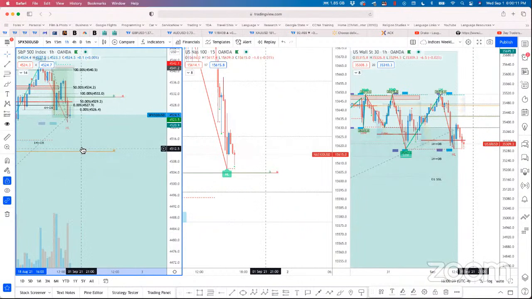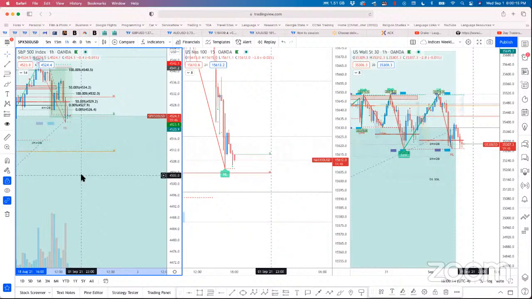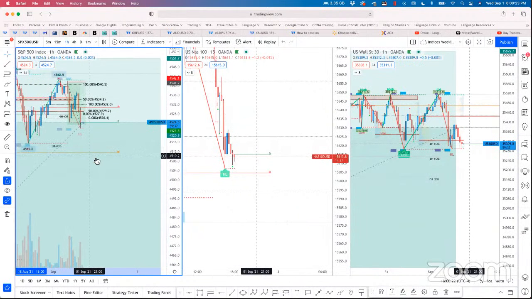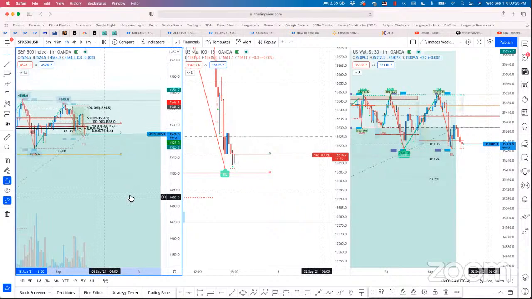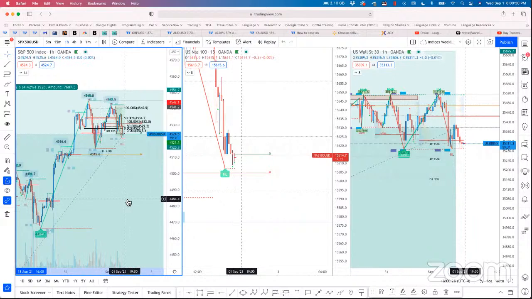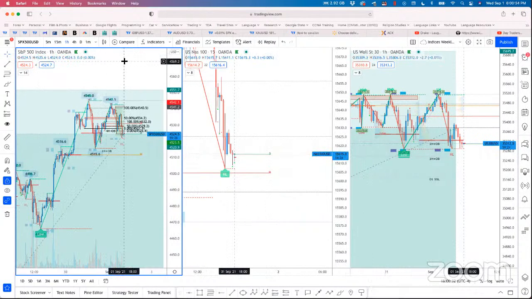So we may come down, make an equal low, or we might dive into this weekly a little bit. That would be a potential buy setup. If we don't have that, then we come down to this area right here. Like I said before, this is the next order block.